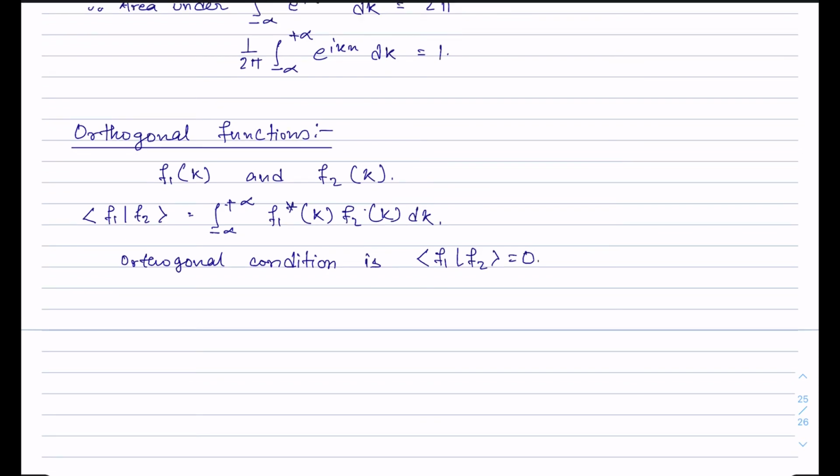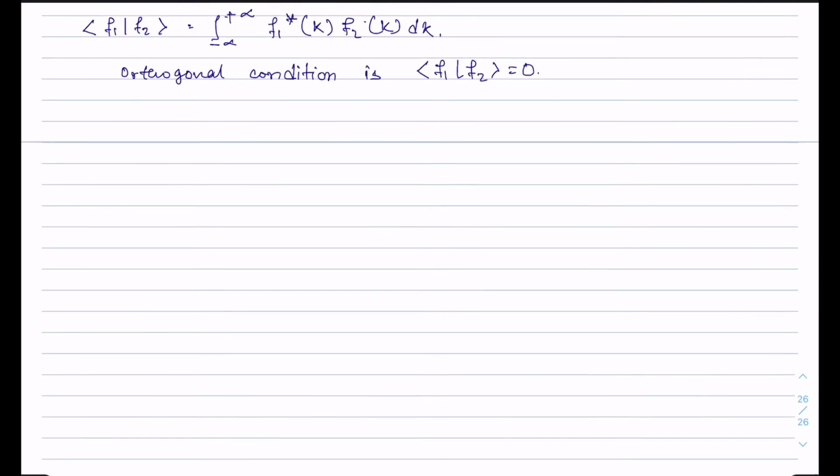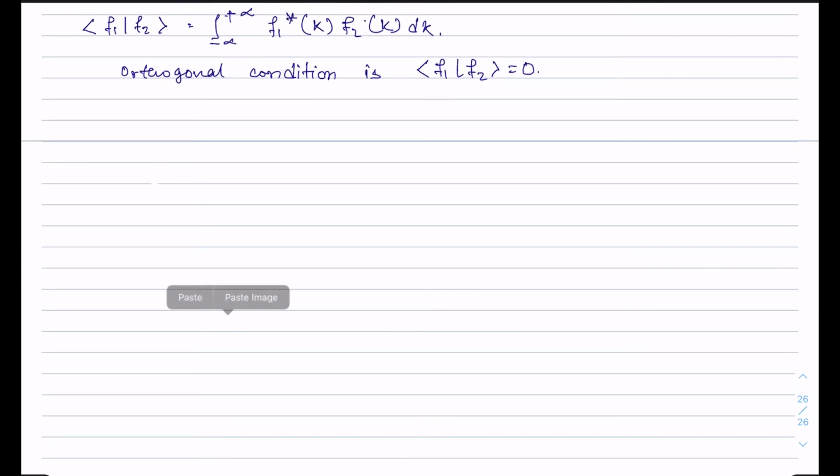Now for this exponential representation of the delta function, let's consider two different values of x. Let's consider f1 as e to the power minus ikx1 and f2 as e to the power plus ikx2.